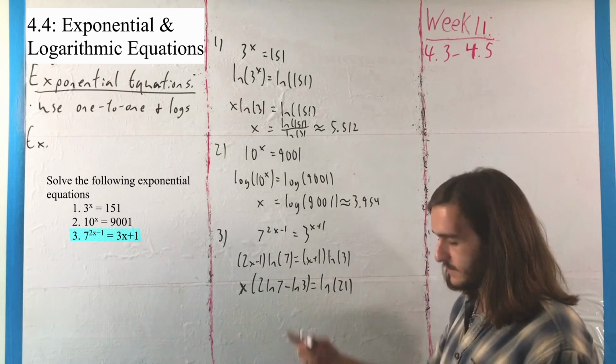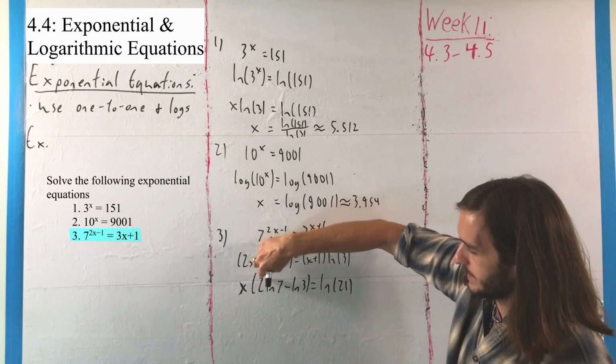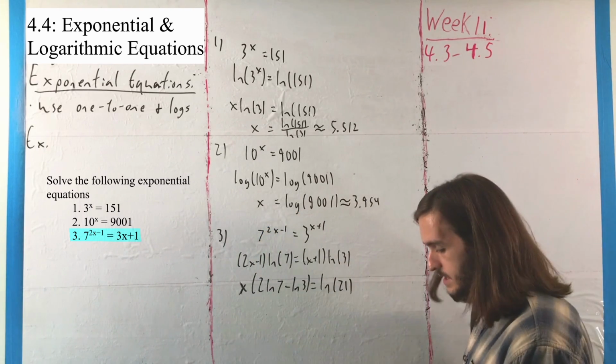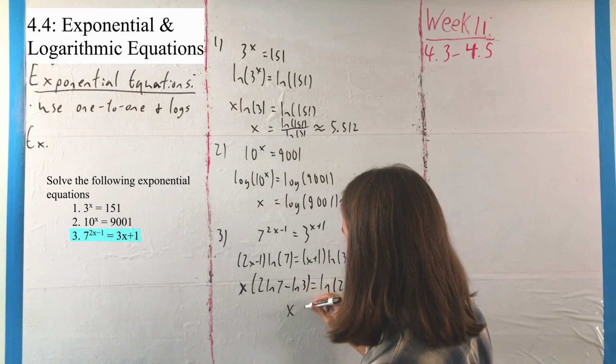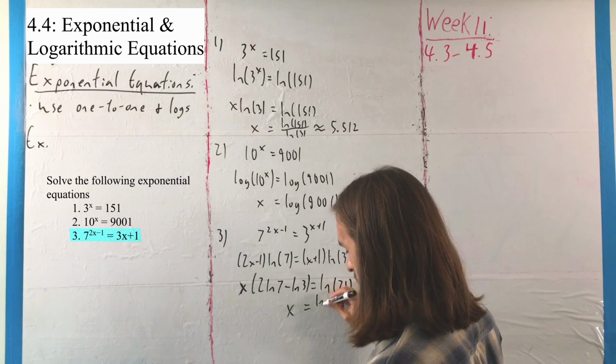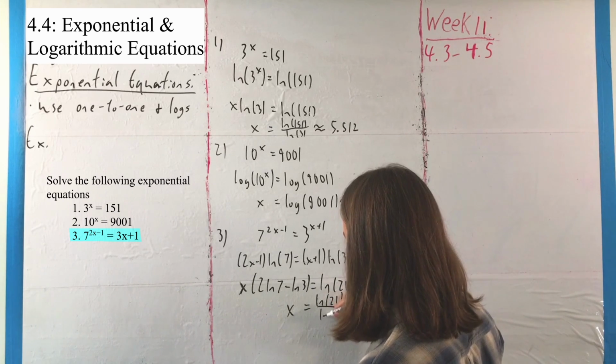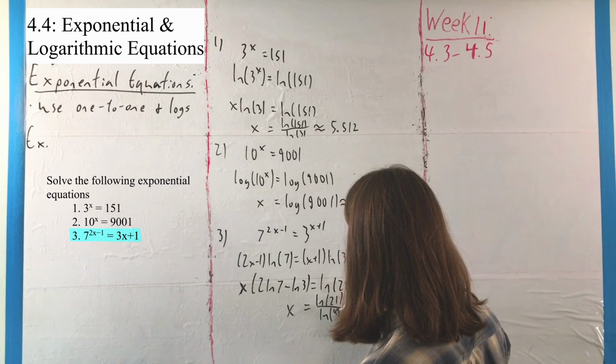So if you want to take this even a half step further, which I would, you can pull that 2 into there, make it a 49, minus 3, it gets 49 over 3, and you would have x is equal to the natural logarithm of 21 over the natural logarithm of 49 over 3.